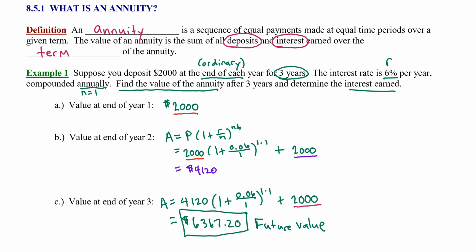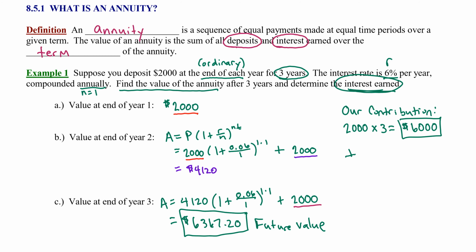Now, the other question, how much does this cost us and how much interest was earned? Our contribution to this account comes from our 3 deposits. We deposited $2,000 per year, every year for 3 years. So our contribution was $6,000. But the future value is $6,367.20.